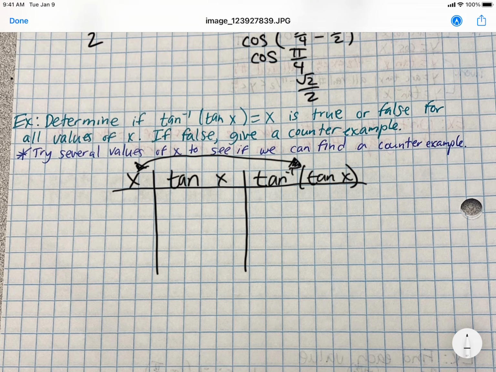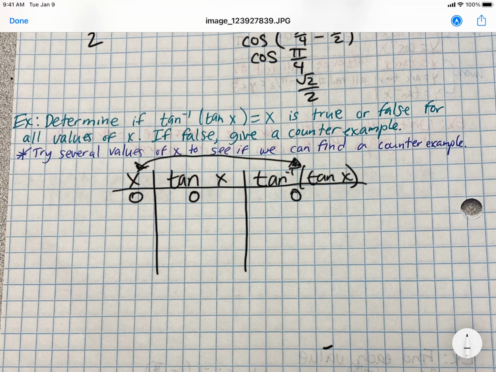We just have to have one counterexample. Let's start with 0. Look at your chart: what is the tan of 0? It's 0. What is the inverse tan of 0? 0. So we're good there.